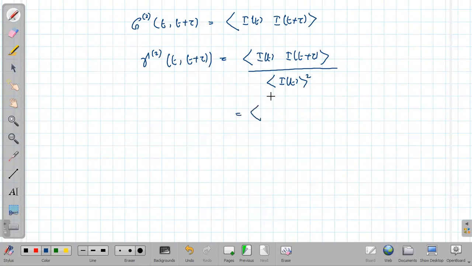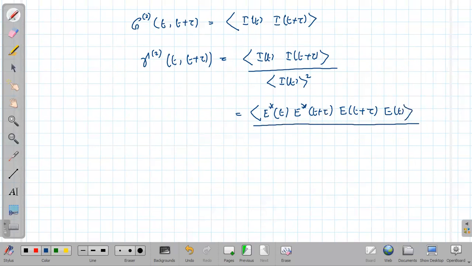Now this I of t and I of t plus tau can be written as E star at t, E star at t plus tau, E at t plus tau, E at t, all divided by E star at t, E at t, squared.